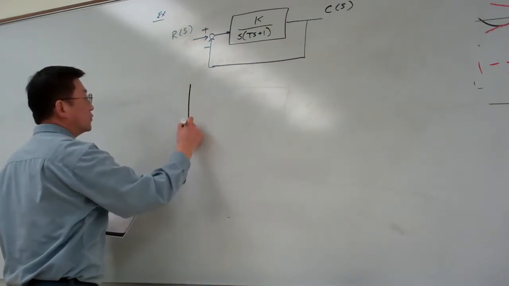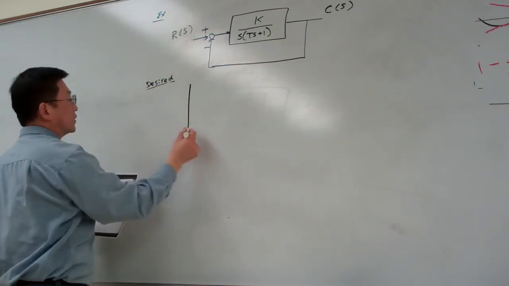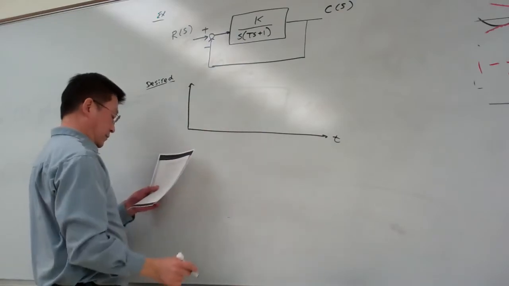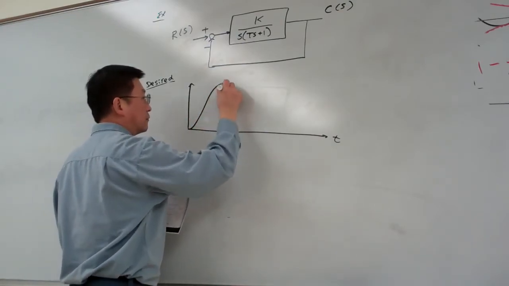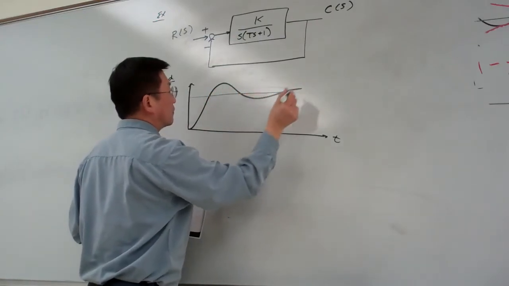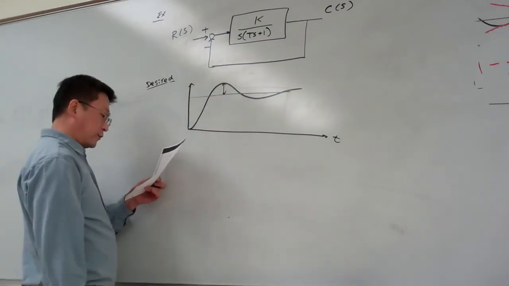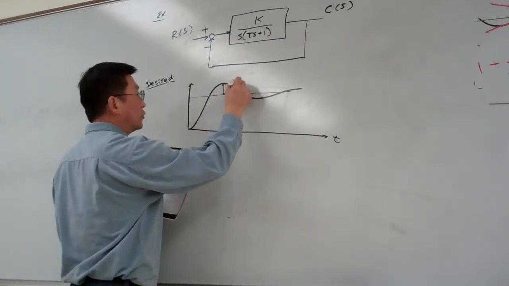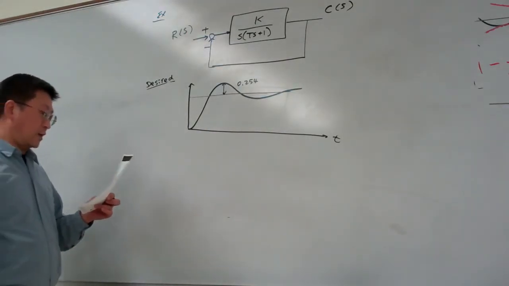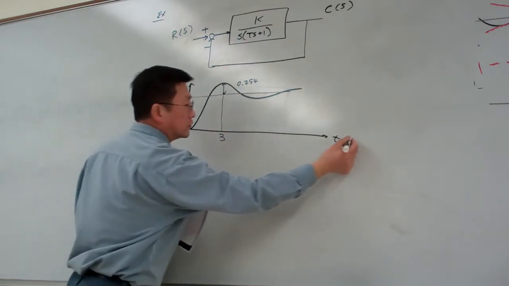For this system we desire the output performance to be something like this, and let me draw it here. We require this value to be equal to 0.245, and it happens when t equals 3 seconds.